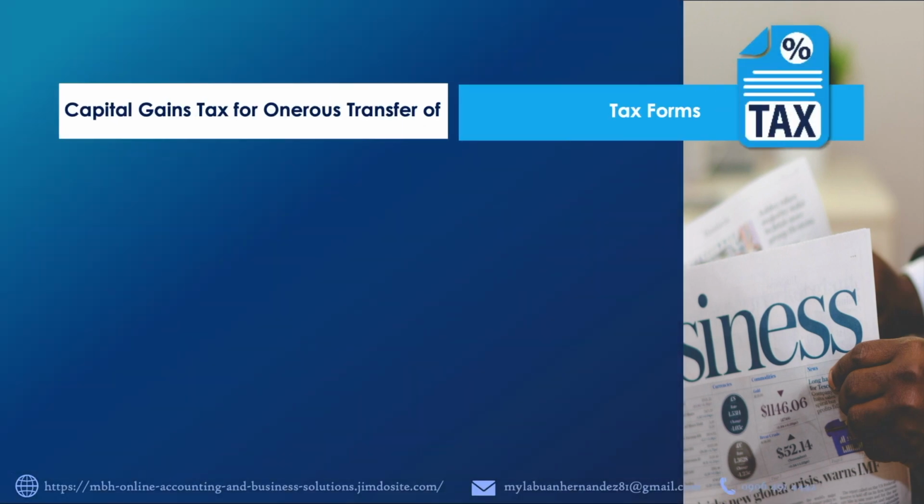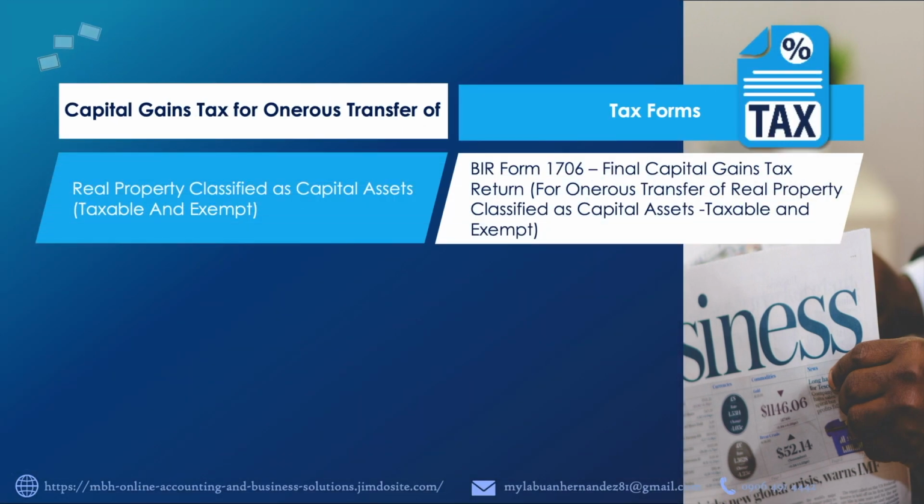For the capital gains tax for onerous transfer of real property classified as capital asset, the tax form is the BIR Form 1706 or the final capital gains tax return for onerous transfer of real property classified as capital asset. This shall be filed and paid within 30 days following the sale or exchange or disposition of real property.